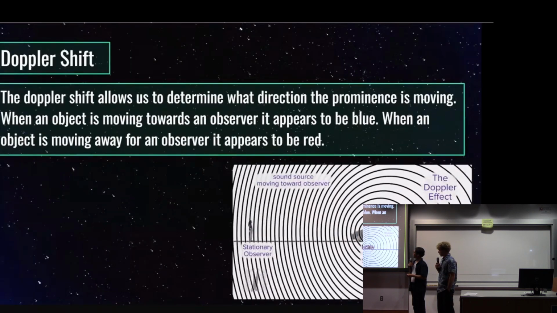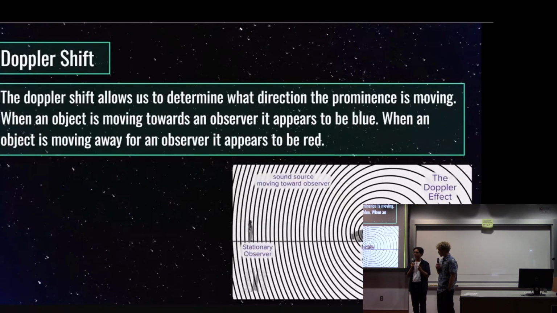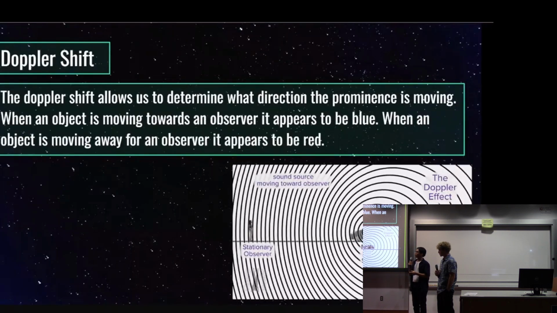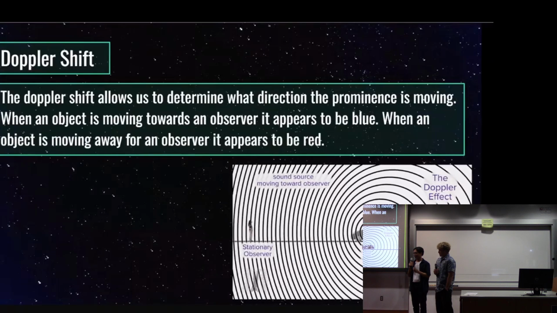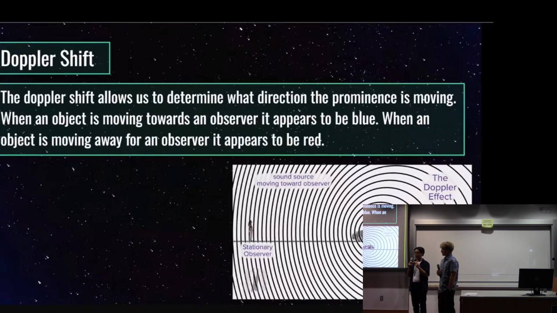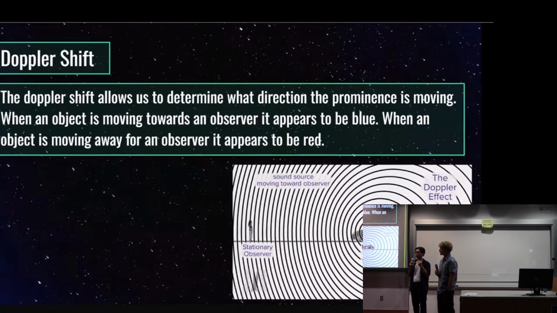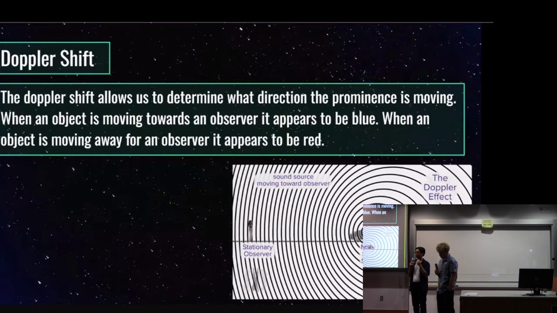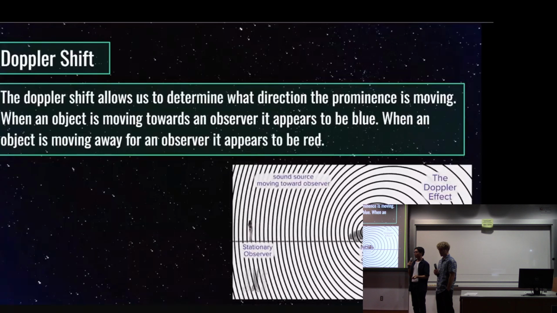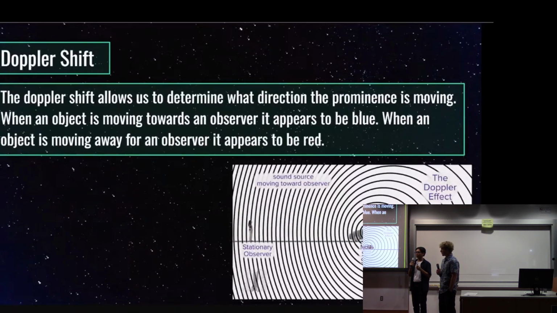So the way that we measure the velocity of these solar prominences is through Doppler shift. Doppler shift is a phenomenon where, as a source emitting waves moves closer to or farther away from an observer, the waves are either contracted or stretched out. A good example of this in the real world is when an ambulance siren passes by you.